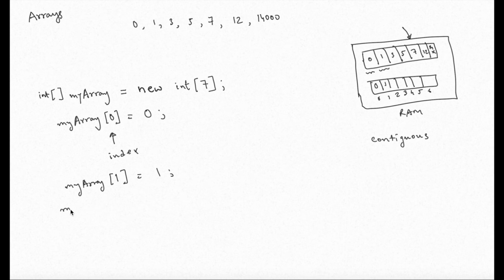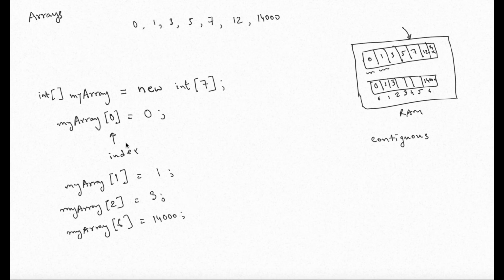And then we'll say myArray 2, and this is the third location, and we want to store 3. We can then say myArray at the 7th location, which is this one. The index is 6. We can say 14,000, and so 14,000 would be stored here. In this way, we can populate our array.